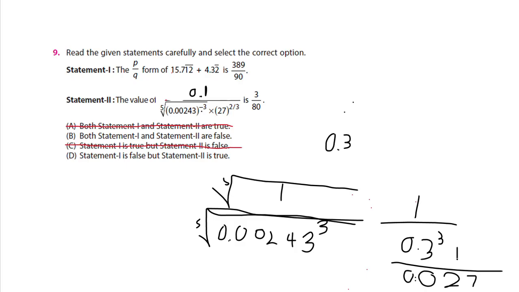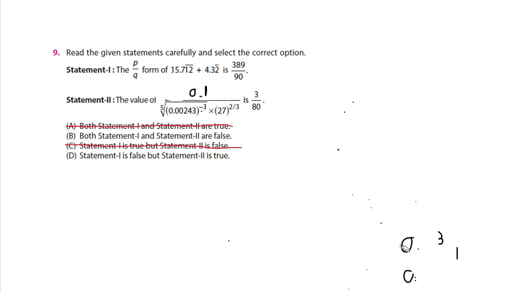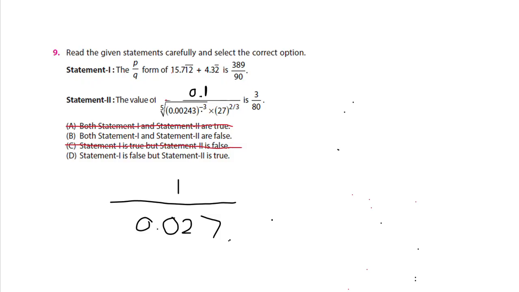So this is 1 over 0.027. Let's remember that in our mind, because still I don't think we can say that we're done with the problem. So let's remember that: 1 divided by 0.027.